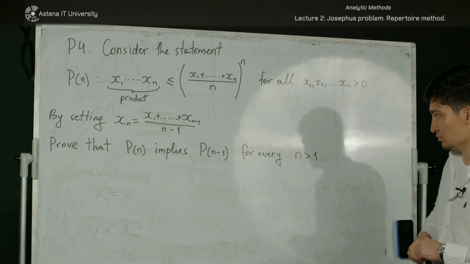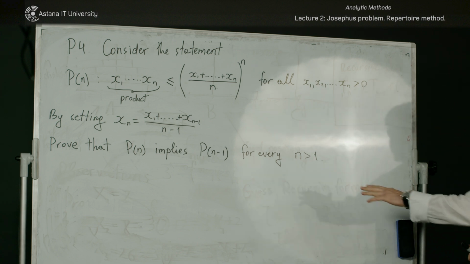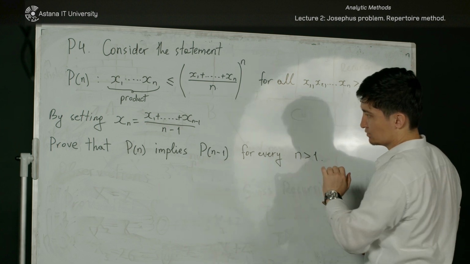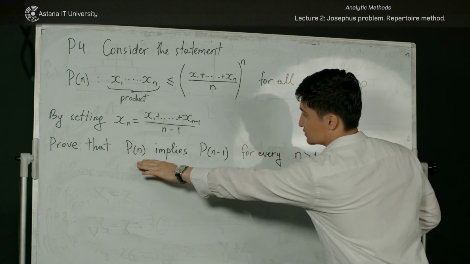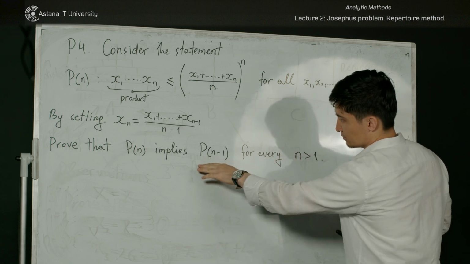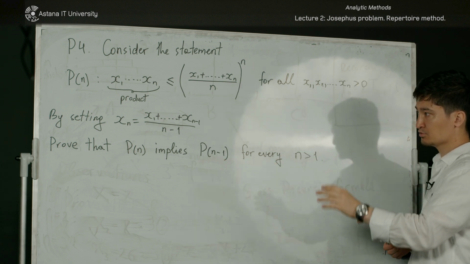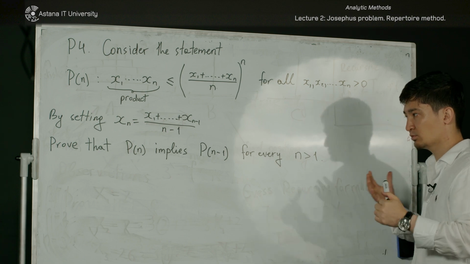So let's approach this problem. Pn implies Pn minus 1 basically means that if Pn is true, then P of n minus 1 must also be true. So this is what we need to prove.